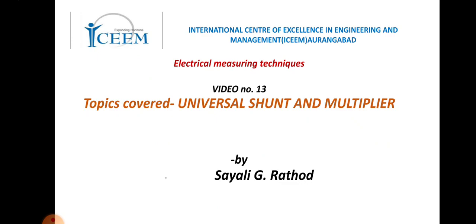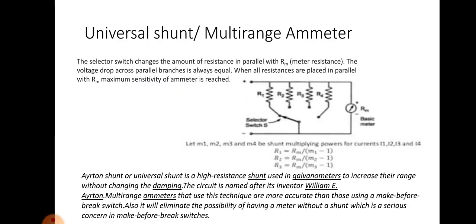Up till now, we have seen the shunt multipliers, potential transformers, and current transformers. All these were used for the range extension of ammeter and voltmeter. Okay, so today we will see universal shunt and multiplier. So let's start with the universal shunt, which is also called the multi-range ammeter.